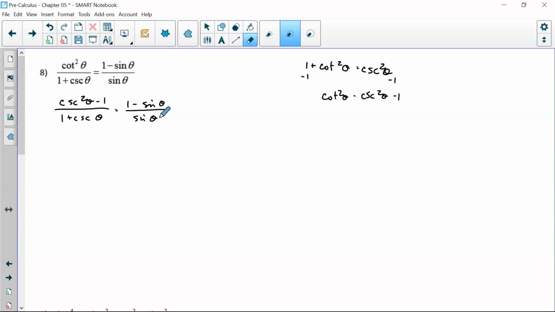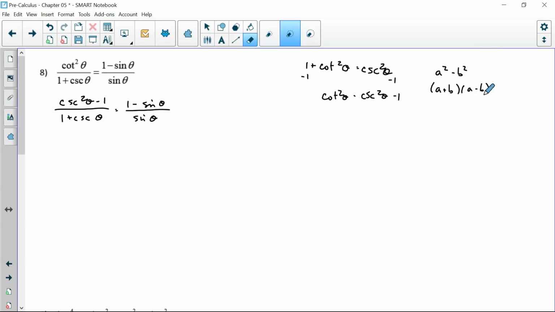Okay, so now when I see that cosecant squared, I can factor that. So cosecant squared, that's in that form of a squared minus b squared. That's in that a plus b, a minus b form.